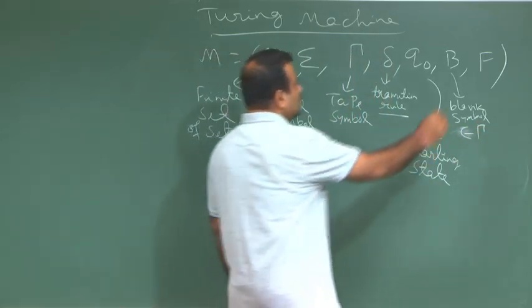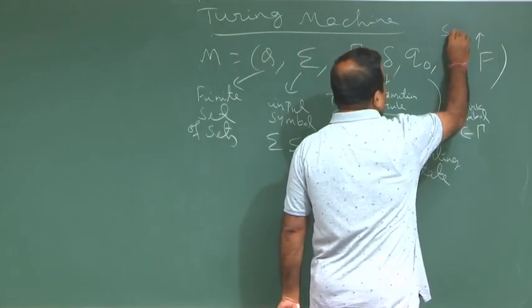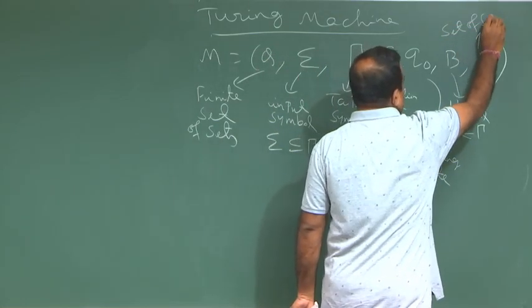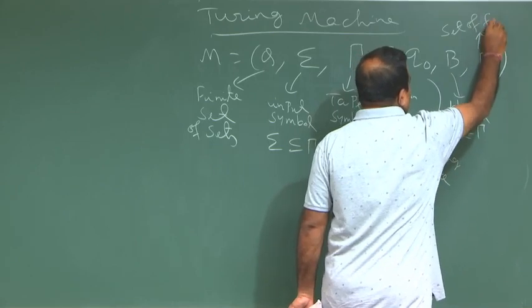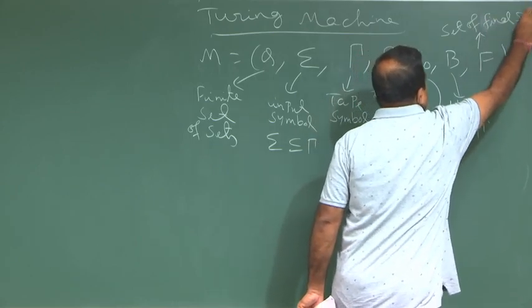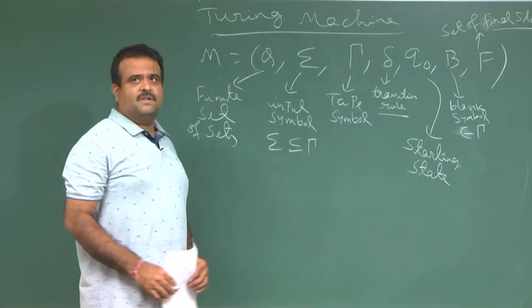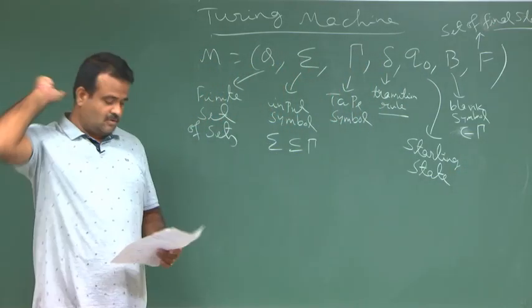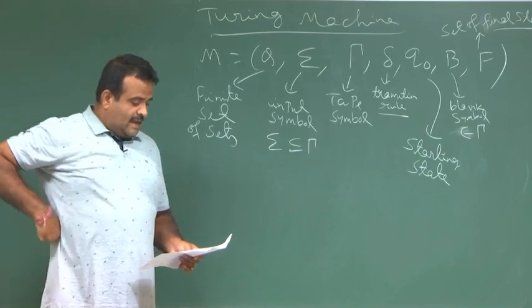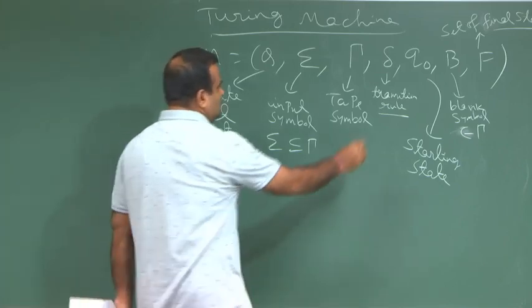And F is the set of final states, because here also we are going to accept some strings of alphabets. So, this is the set of final states. Okay.